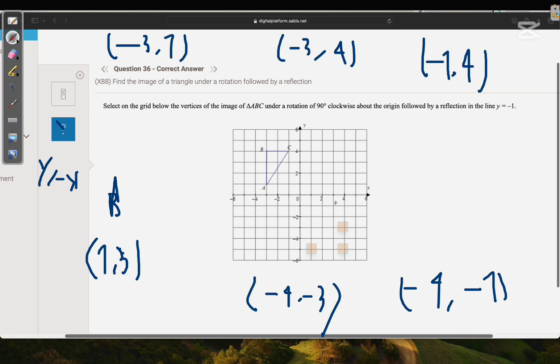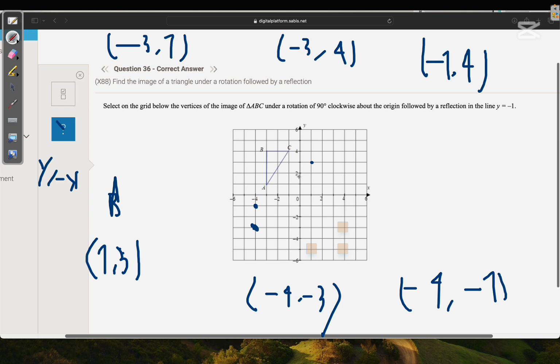So let's plot the points. (1, 3), then (-4, -3), and (-4, -1). So here.